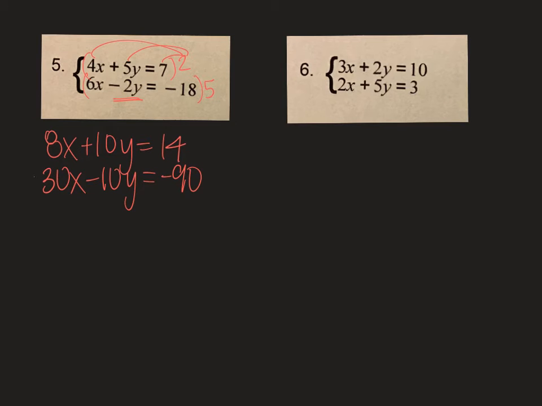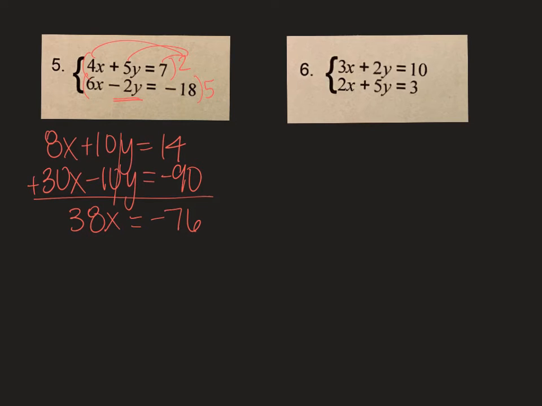And now we're just adding. So 8x plus 30x is 38x. 10y and negative 10y add to 0. 14 plus negative 90 gives us negative 76.